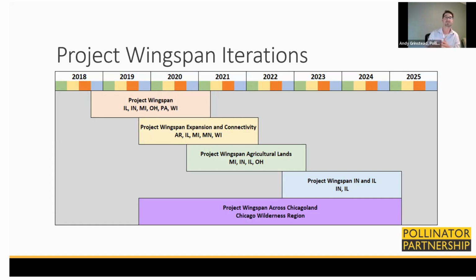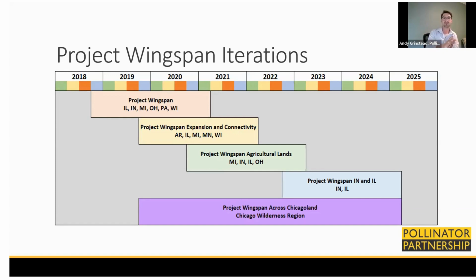After that, we moved on to Project Wingspan Expansion and Connectivity in Arkansas, Illinois, Michigan, Minnesota, and Wisconsin. This was an expansion of the first program, so an expansion of Project Wingspan into areas that we had not worked before to extend our reaches with the partnerships that we built and our overall impact.